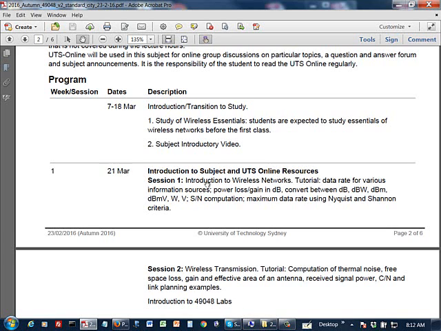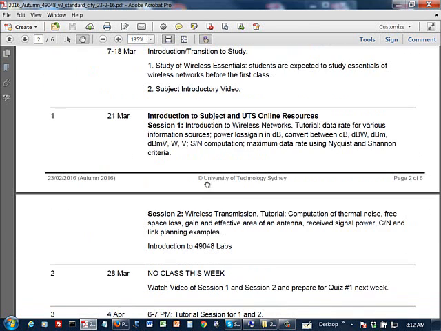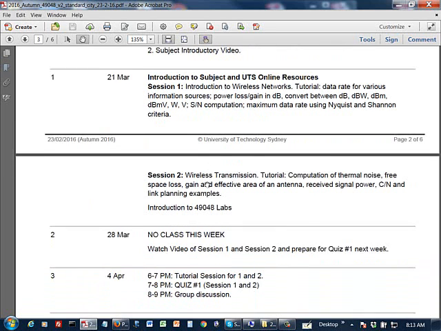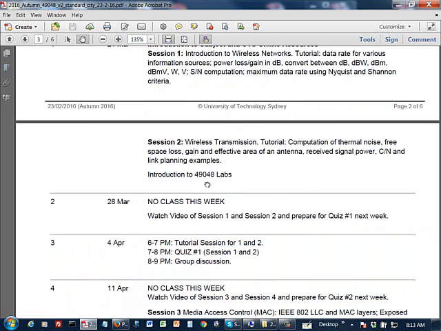In the first session, I will give you an introduction to the subject and also about the UTS Online resources, and we will start off with some basic calculations on wireless networks, and we will move on to session 2 material, and in session 2 we will have an introduction to wireless transmission.